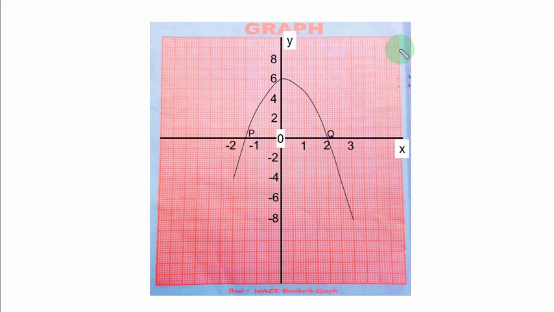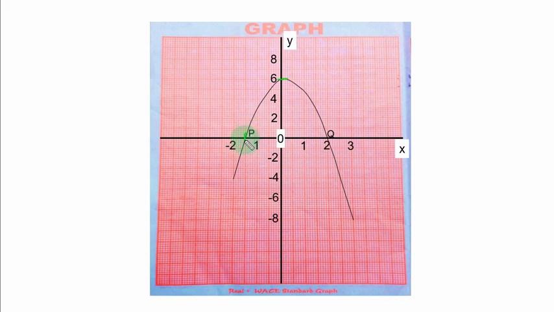Back to the graph, we want to determine the intercepts. So the y-intercept is that point where the curve cuts the y-axis. At that point, when x is 0, y is equal to 6. That is 1. Then the x-intercept is at 2 points. One point is here.